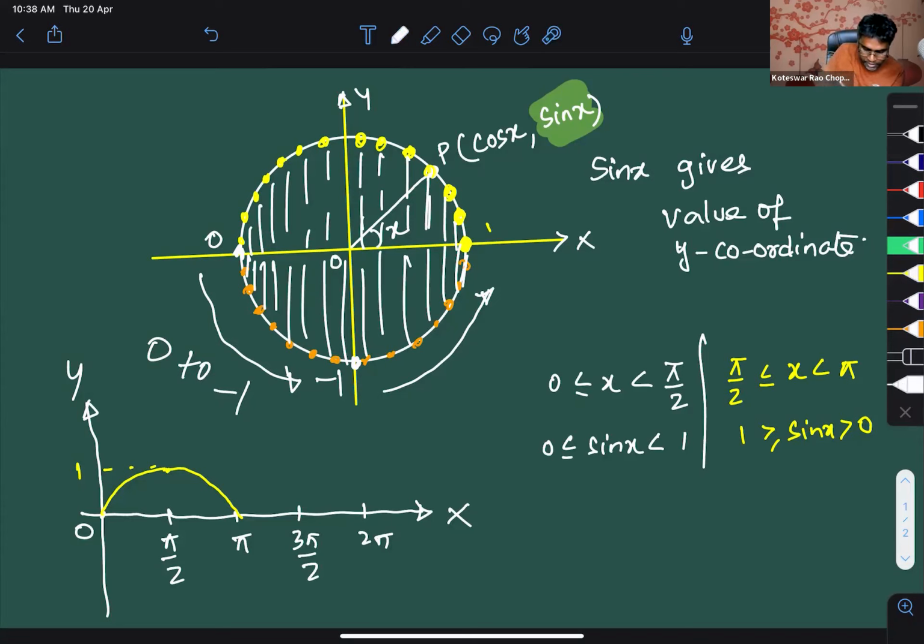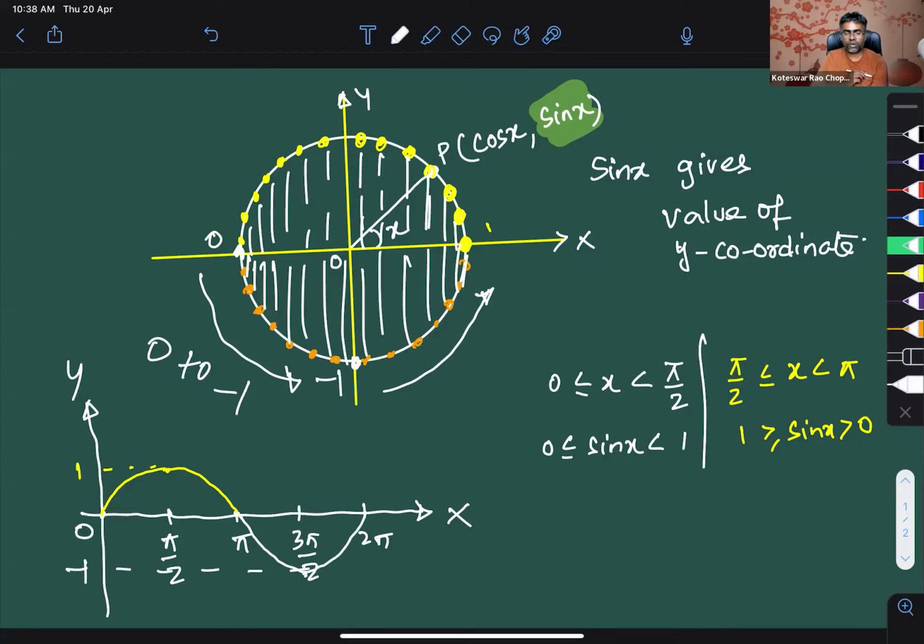So now the graph will be below the x-axis. It will go till here. So this value will be -1. And after that, again, the lengths of these vertical lines are becoming smaller, and then getting to 0. But till they become 0, they are still negative.